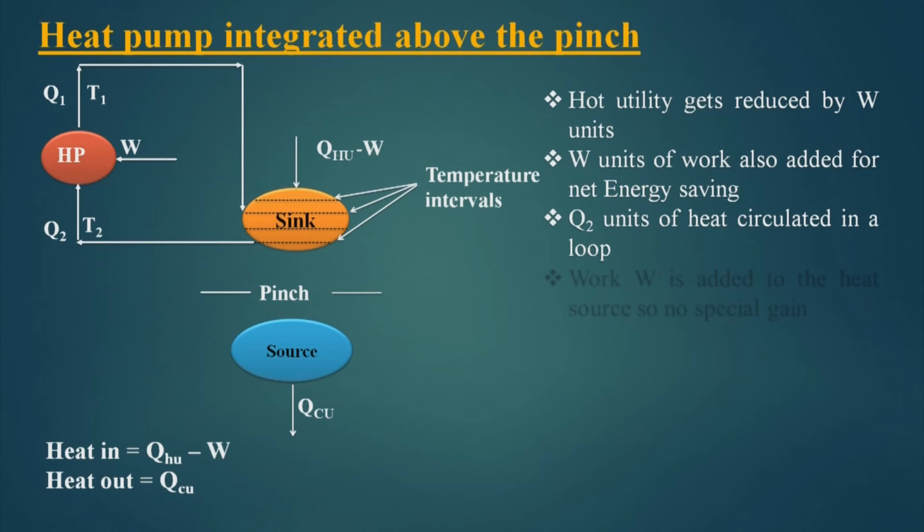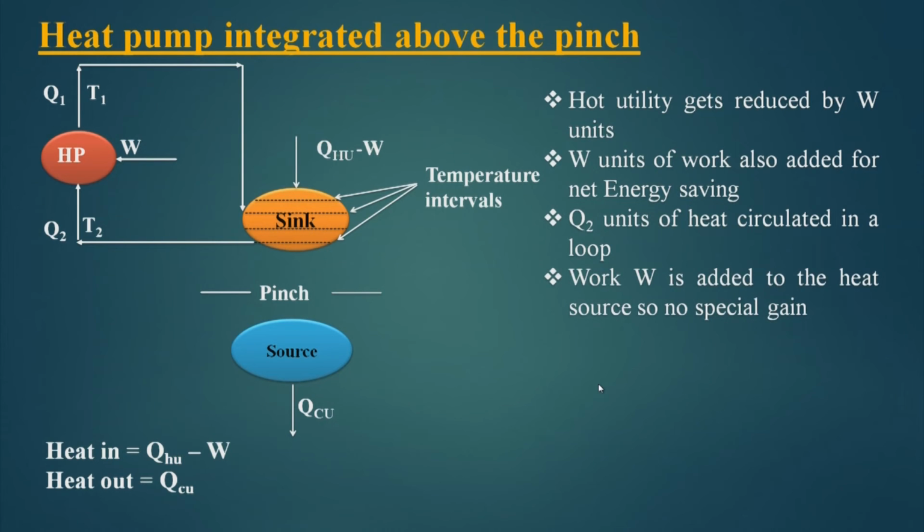Q2 units of heat are circulated in the loop, from this to this area. Work W is added to the heat source. So, no special gain. Whatever I am investing, the same I am getting.